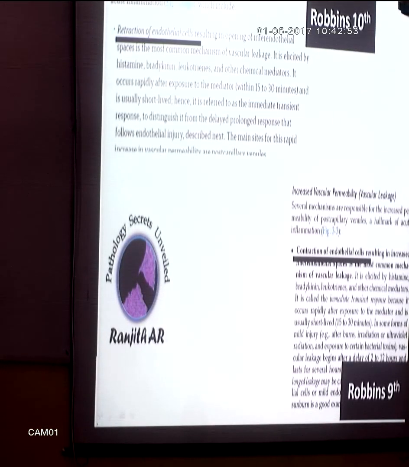This is Robbins 10th edition: retraction of endothelial cells is the cause for immediate and transient response. See, the same picture from Robbins 9th edition shows contraction of endothelial cells. For AIIMS May 2017, which is going to happen in one week, go for this option.